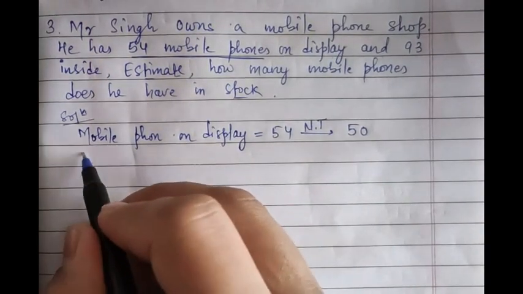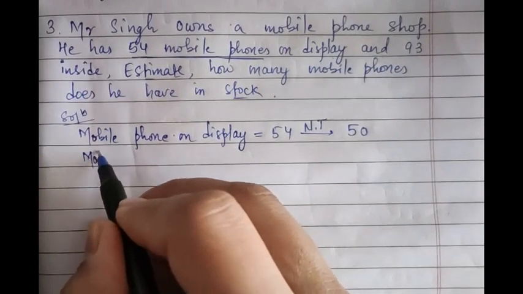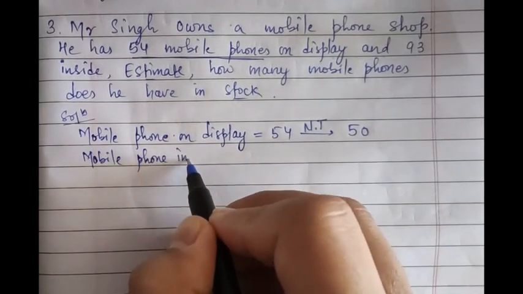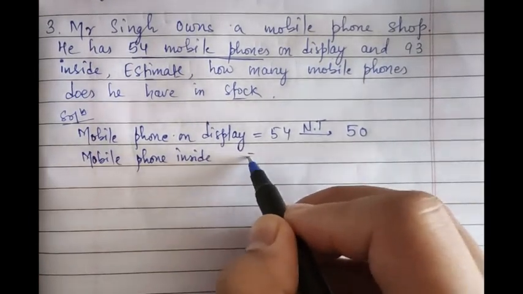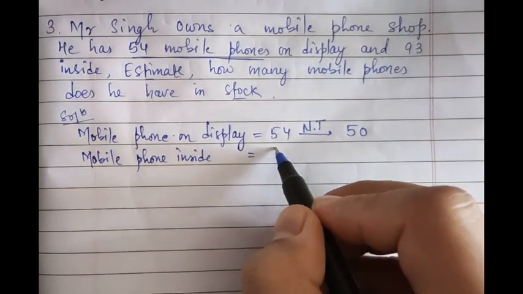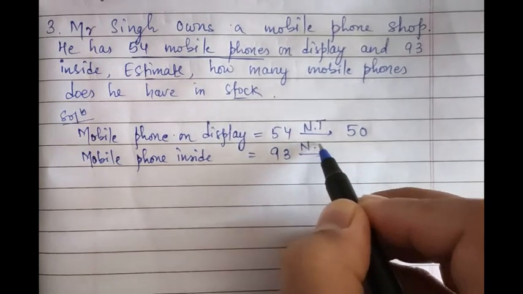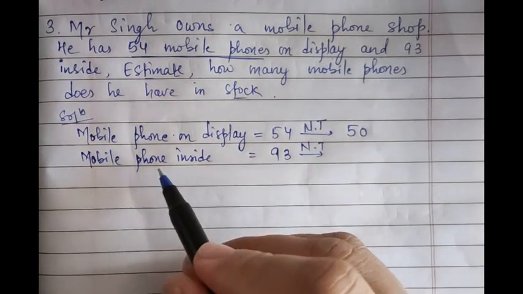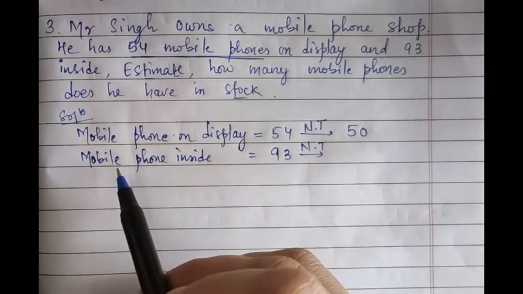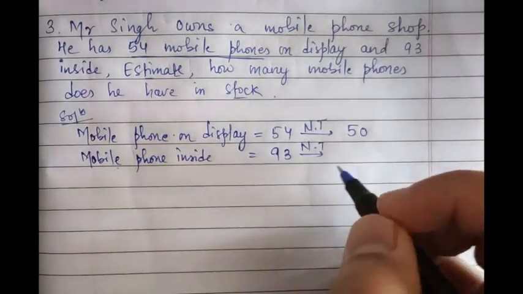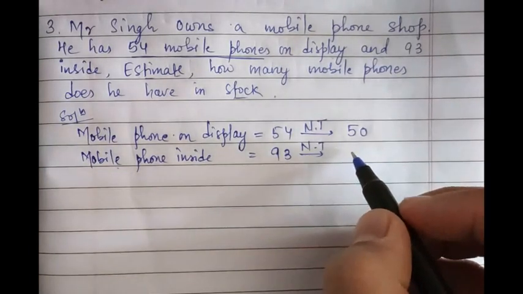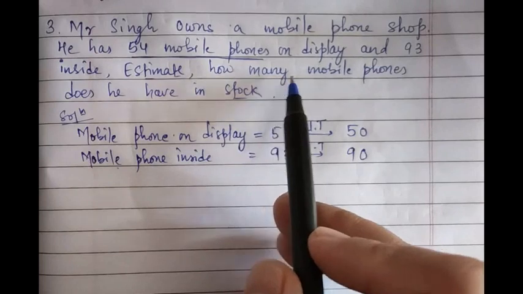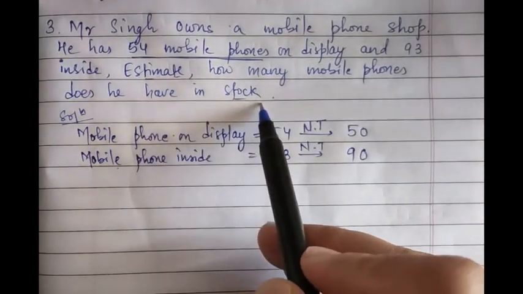So mobile phones inside his shop is equal to 93. So when you estimate this number to its nearest ten, mobile phones inside, then you will get 90, right? So you have to estimate how many mobile phones he has in stock.